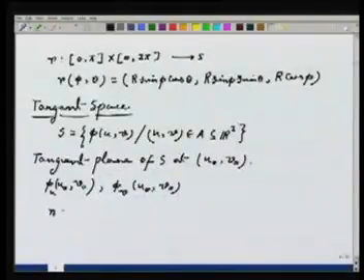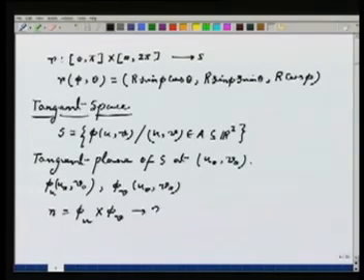Then you take the tangent of that curve. You need the direction of the tangent line only. In the next case, you fix u0 and look at the curve phi of u0, v and find the direction of the tangent line. It gives you two orthogonal directions. And then you look at n, that is phi u cross phi v. Then this is normal to the surface.